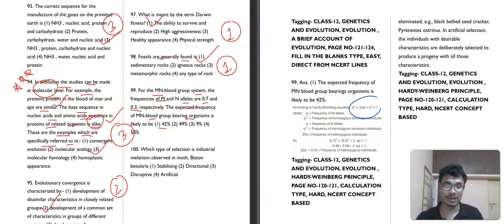According to the Hardy-Weinberg equilibrium equation, we have 2pq. So 2pq is equal to 0.42. First option is the correct one. This is not such a complicated equation. You can just multiply 2 with 0.7 into 0.3. This is simple. Both numericals are the same type. Easy numericals will come. Don't worry about it.